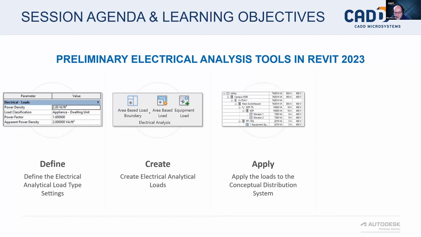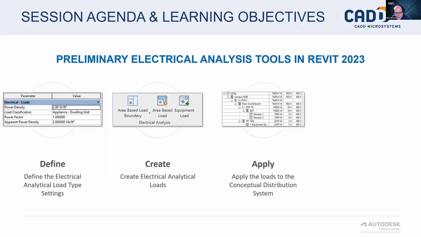This uses the system browser that's built into Revit, but they've got some new tools in there so we can start defining our electrical loads prior to placing any families in our project. We could do this in previous releases, but we would have to have families in our projects first. Now we can do it preliminarily, before we start putting families into our project, so we can get some estimates at an early stage.